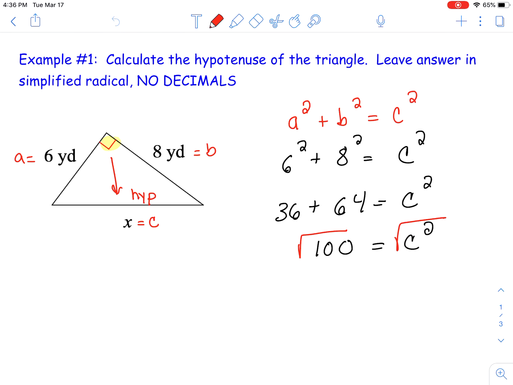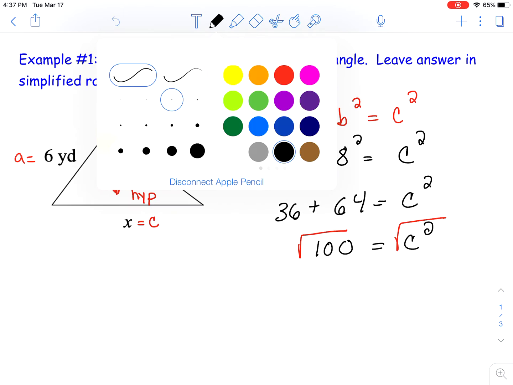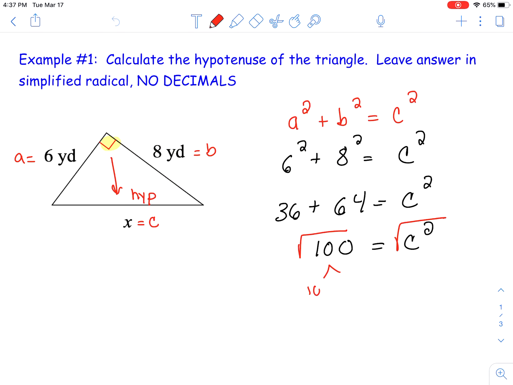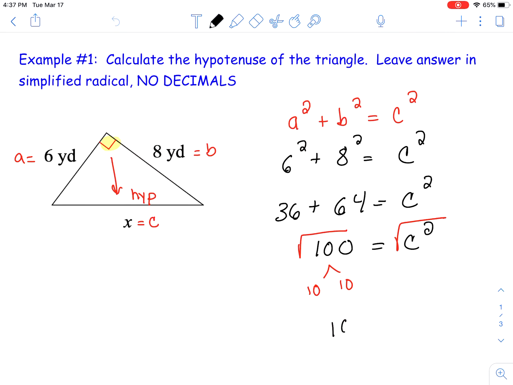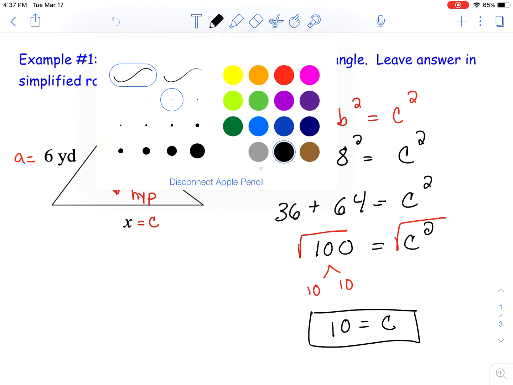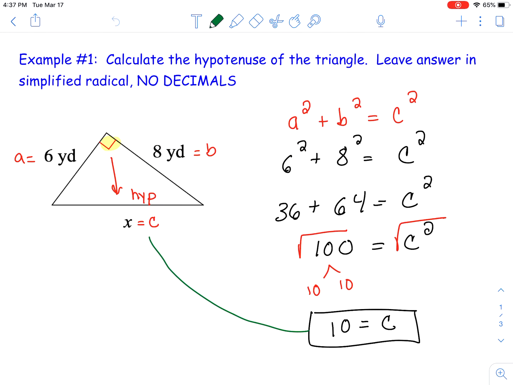You can put that into your calculator, or you can recognize that this is really just 10 times 10. So the square root of 100 is 10. So that means our hypotenuse, or the missing side of the triangle, is really just 10.